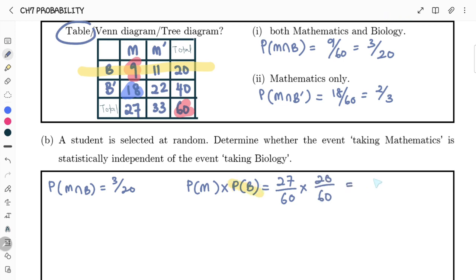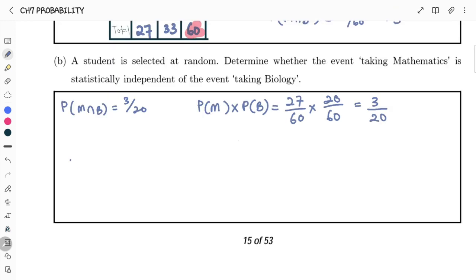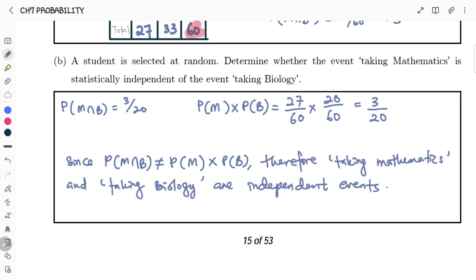So that gives you 3 over 20. From here we can make a conclusion. Since P(M intersect B) is equal to P(M) times P(B), therefore taking math and taking biology are independent events.